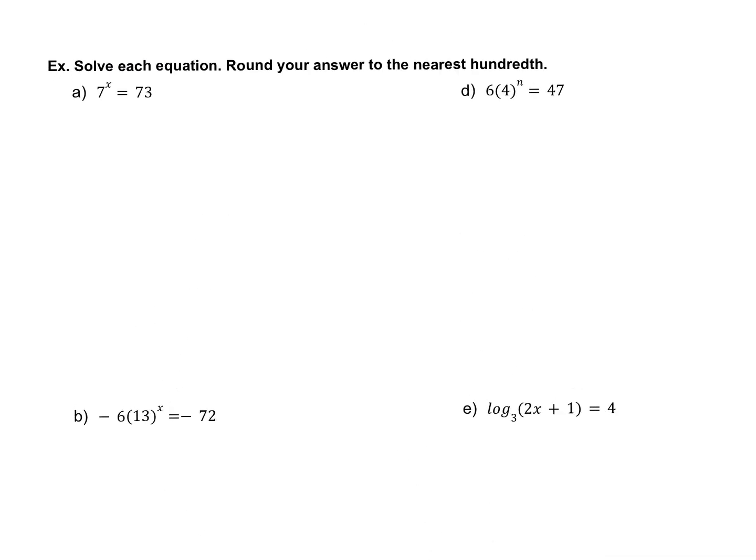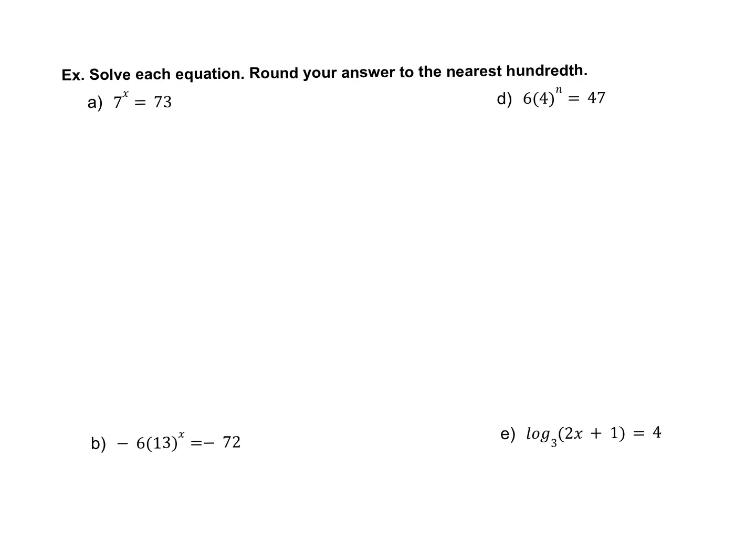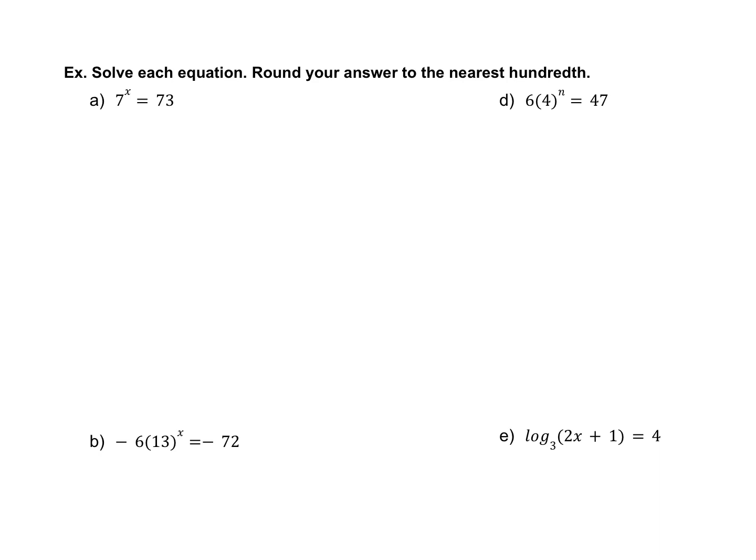So now we're going to go ahead and use change of base formula and converting between logarithmic and exponential form to solve some equations. And we are going to round our answer to the nearest hundredth, which is 2 decimal places. So 7 to the x equals 73. When I convert to a logarithm, becomes log base 7 of 73 equals x.